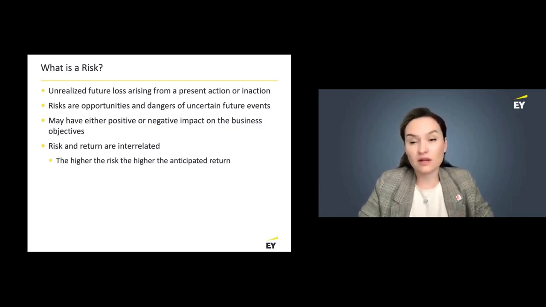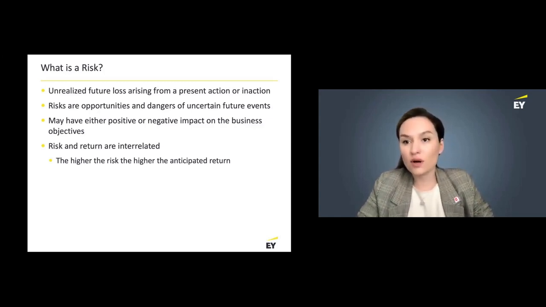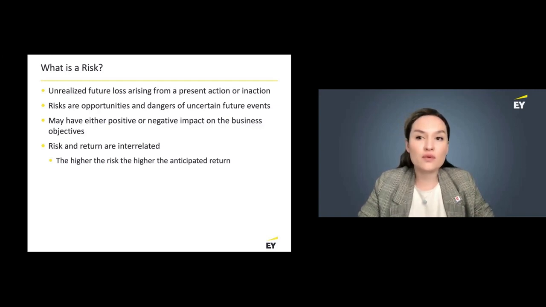For example, if your objective was to go to a picnic outside, then rain is a risk. But if your objective was to stay home, then rain is not a risk. So whenever we talk about risks, we need to be very precise. We need to think about whether it can have an effect on the achievement of the company's objectives.